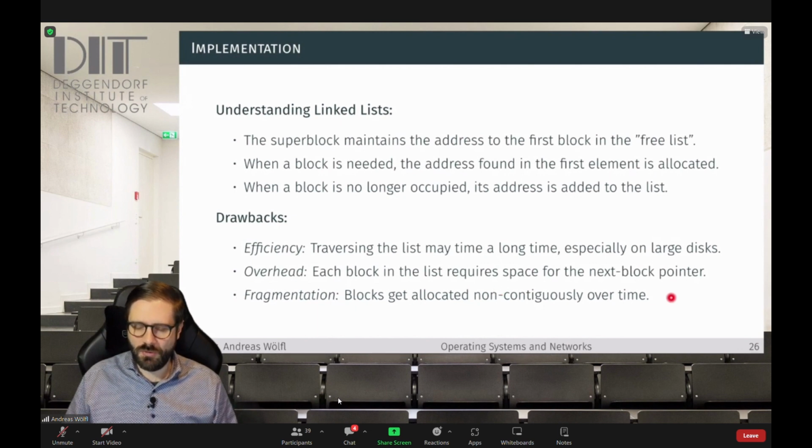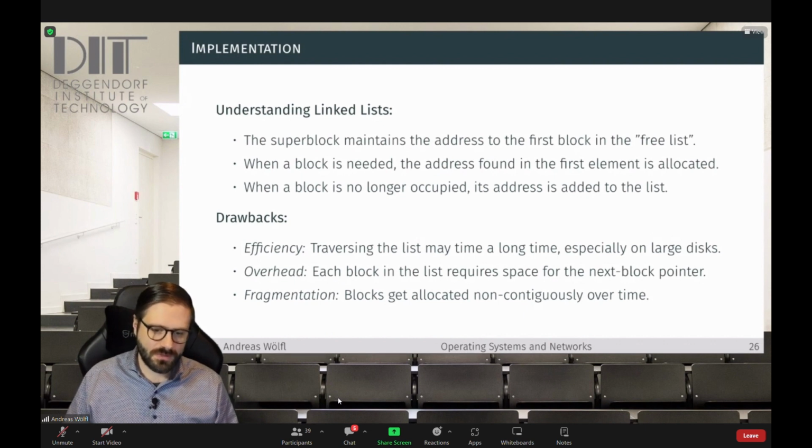Oftentimes we do not find a contiguous block fast enough, so we allocate non-contiguous blocks, and this leads to fragmentation. Fragmentation leads to adjusting the read-write head.